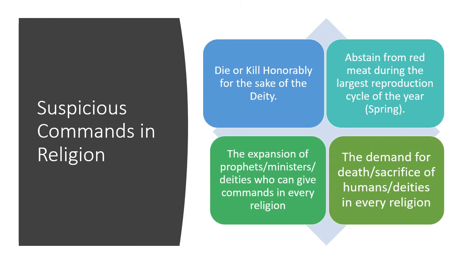And so probably the best example of a suspicious command in this order are the ones that ask people to die or kill honorably for the sake of the deity.